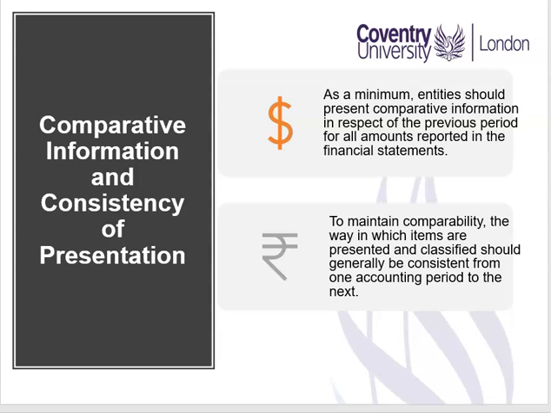So if the financial statement is for a period to 31st of December 2019, then all information in respect of the period to 31st of December 2018, which is the previous year, must be presented as well. In order to maintain comparability, the way in which items are presented and classified should generally be consistent from one period to another. So in that case, comparability is enhanced.